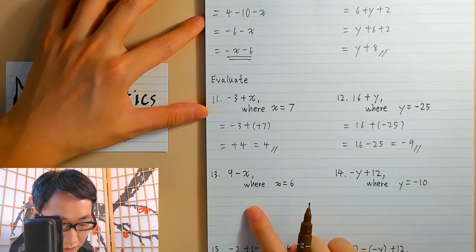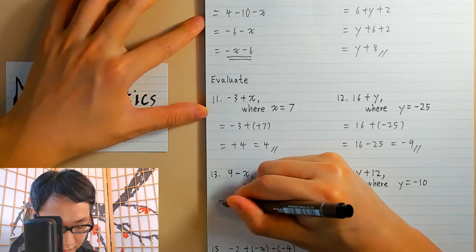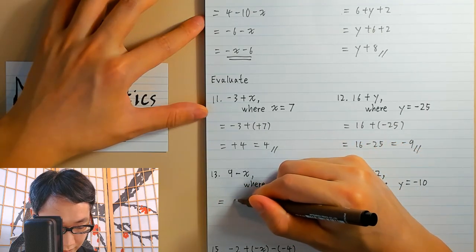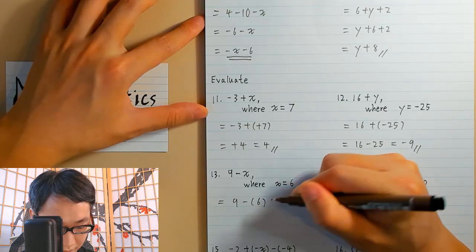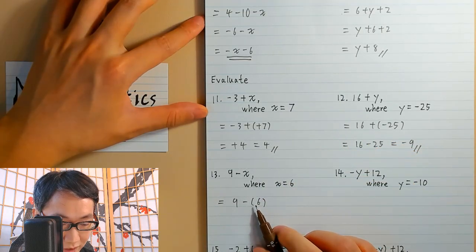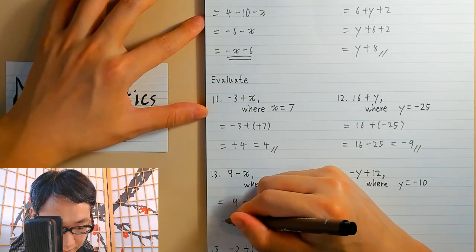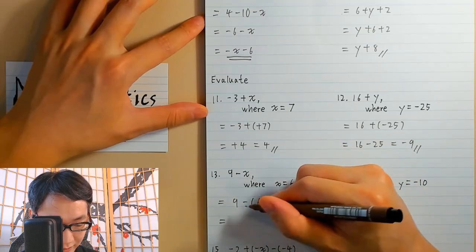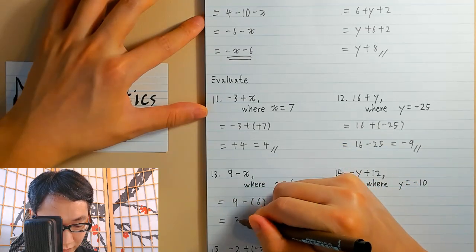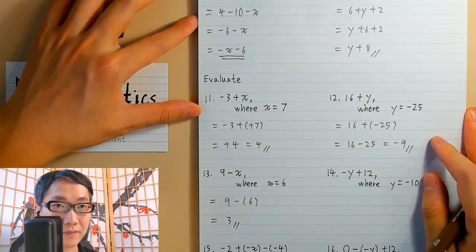Okay, next one, already simplified, so just substitute. And I have 9 minus positive 6. So this positive sign can be omitted because this is the first term in the bracket. And then just 9 minus 6, or 9 negative 6. So I have positive 3. Okay.